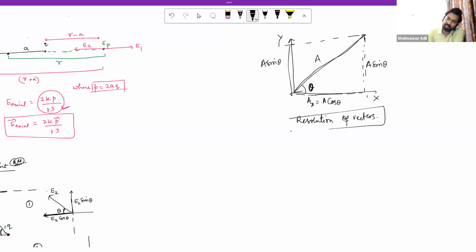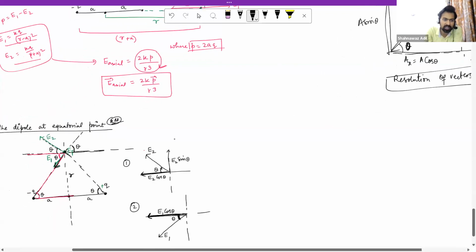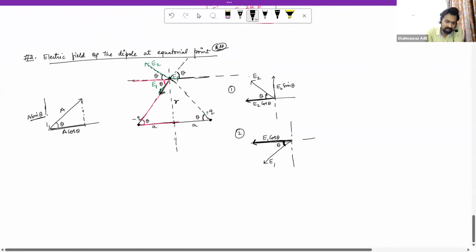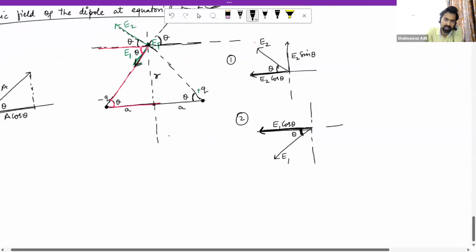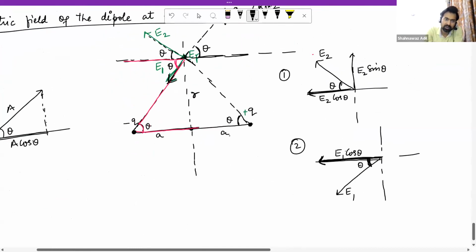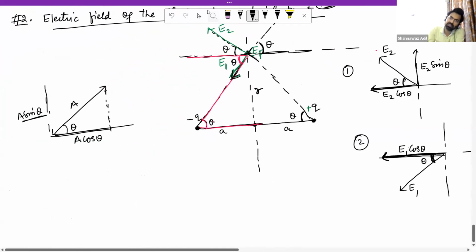Okay, so now let us get back and understand the diagram of the electric field due to a dipole at the equatorial point. Let us revise this diagram again.